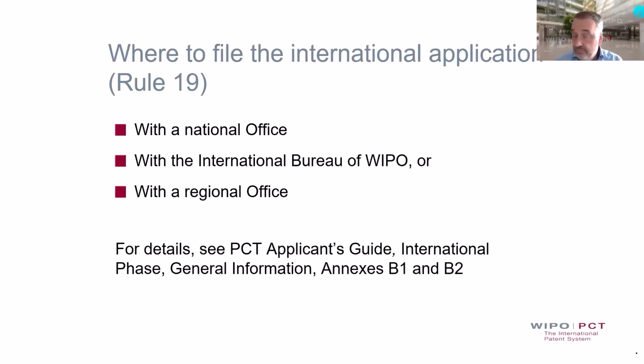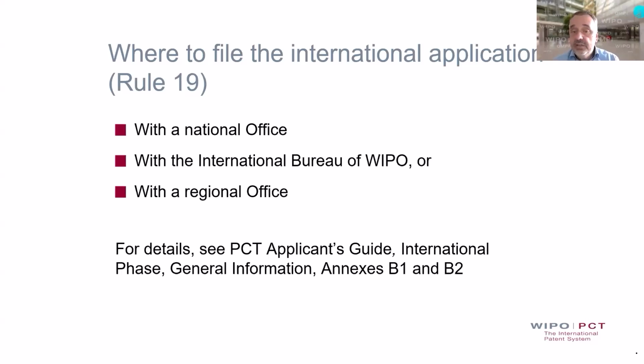It's an office that they're maybe already familiar with from filing their first national application, and they feel very comfortable, also language-wise, communicating with them, and they know how to pay fees to that office, etc. So it's kind of a natural choice to turn to your national office. They act as a PCT receiving office when you submit an international application to them. The choice that everyone has is to file with the International Bureau of WIPO.